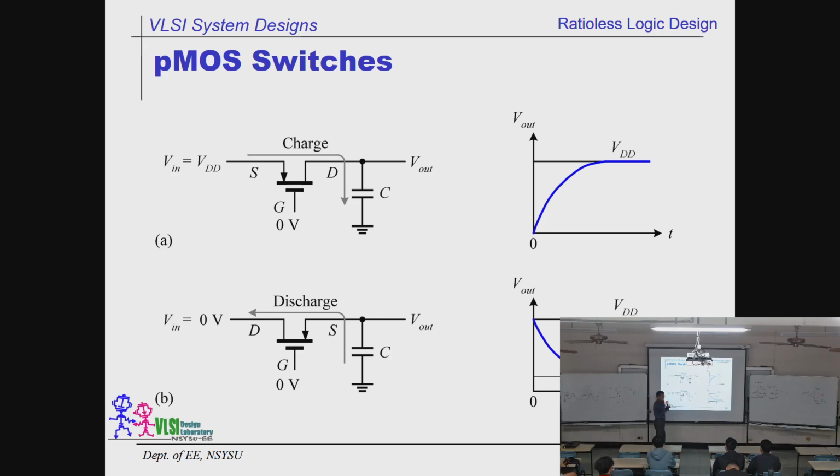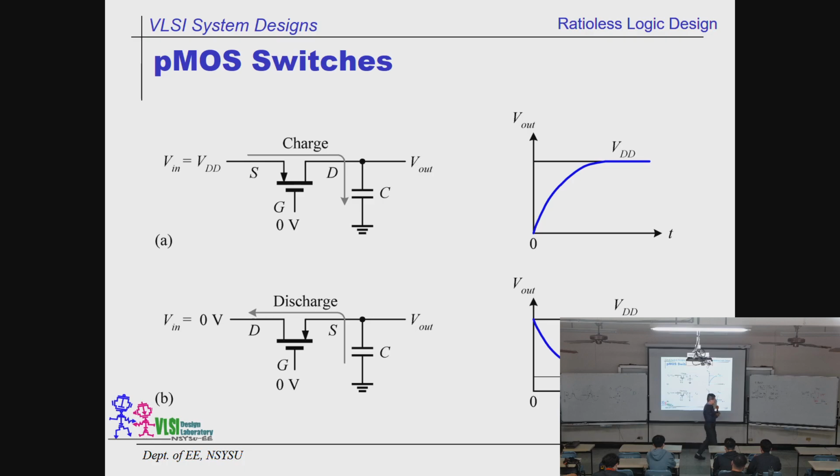It will definitely pass the 1 very well. However, if you want to use that to discharge, you have a big problem. Because this 0, this one cannot be 0. It's impossible because we need at least a VTH over there. So you cannot put it down to the ground.